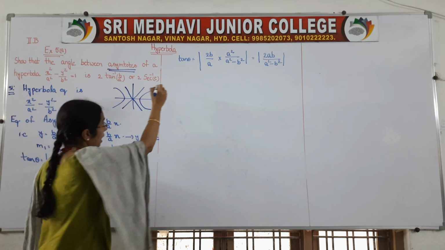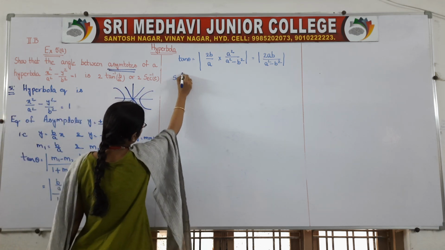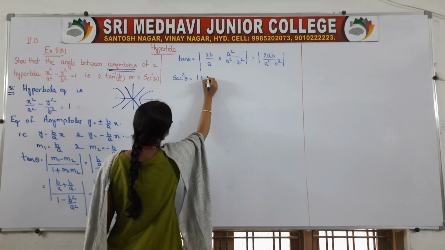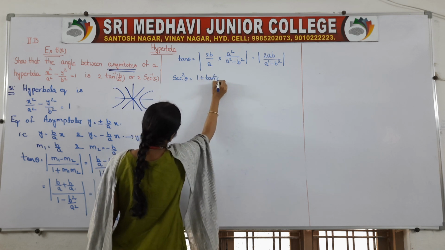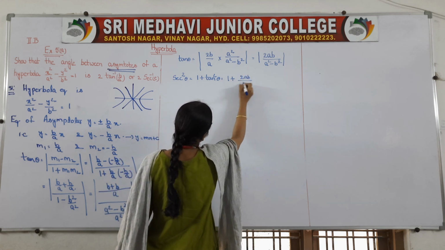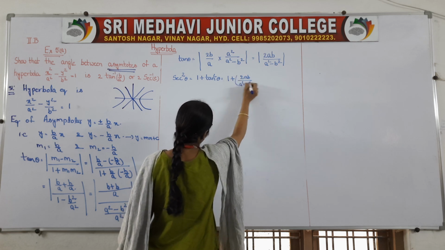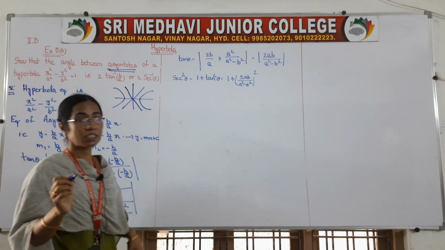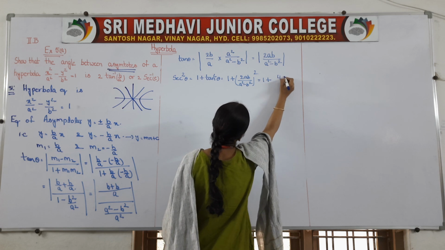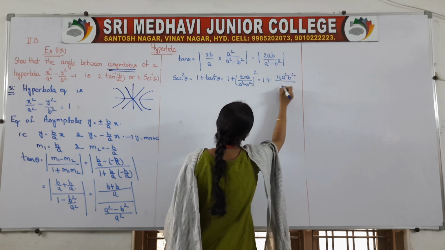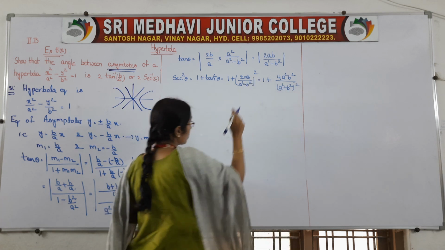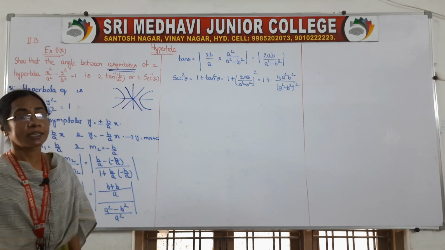With this, by trigonometry, we can use one formula: secant square theta is equal to 1 plus tan square theta. So is equal to 1 plus, what is tan theta? 2ab by a square minus b square, whole square. So is equal to 1 plus 4 a square b square by a square minus b square whole square, taking square for numerator as well as for denominator.